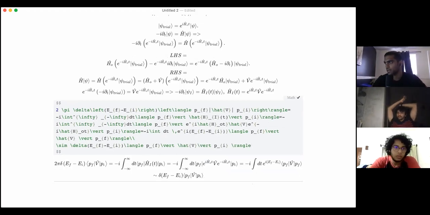This is using the fact that the delta function is really a Fourier transform of one. Here I've just sandwiched the first order term between two momentum eigenstates. What happens if I have a product now?